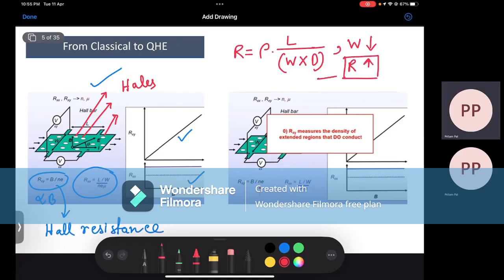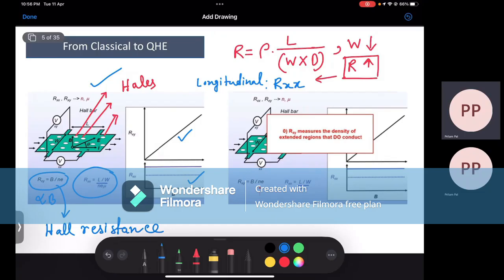Keep in mind, this is your RXX, and there's a slight difference between RXX and RXY. This is the longitudinal resistance, and I see the geometrical effects here in my longitudinal resistance.